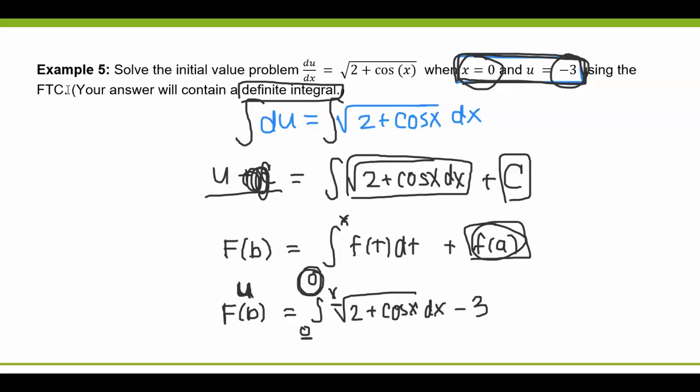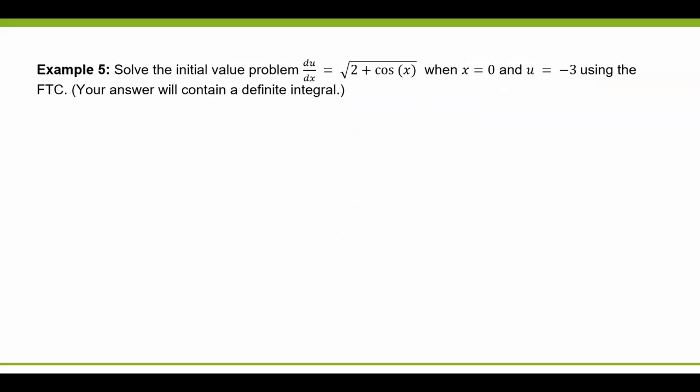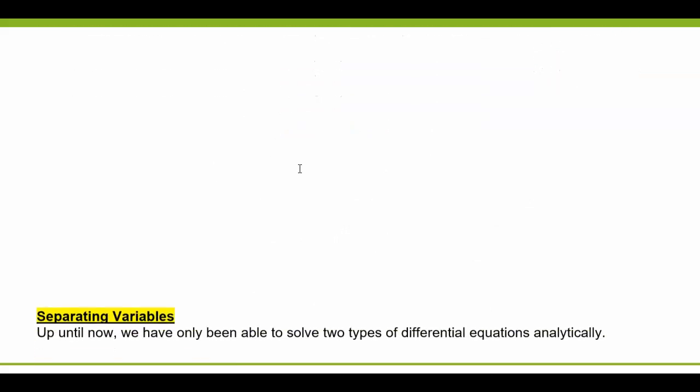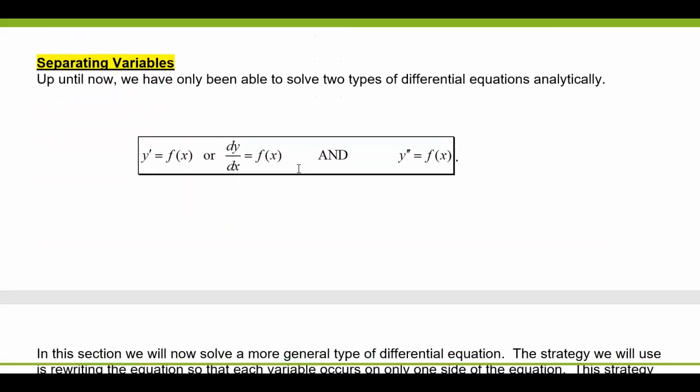How does this relate to where we've been? And the relationship is that it is an application of what we were doing. So we can separate those variables, which is what we've been doing up to this point. And this is some ways that it will look or appear.